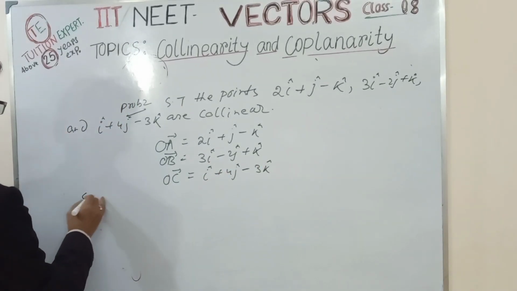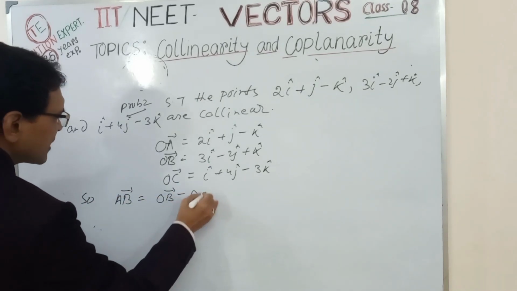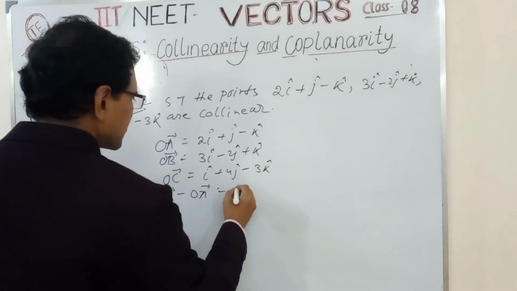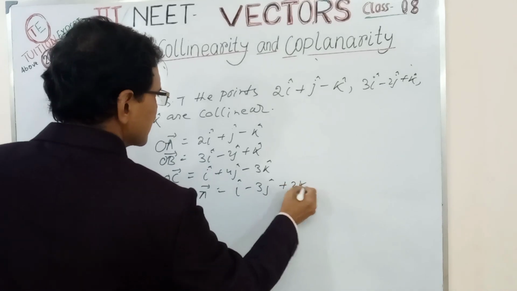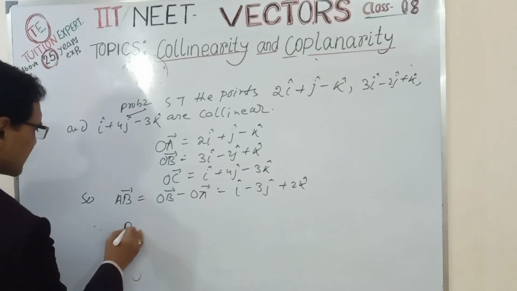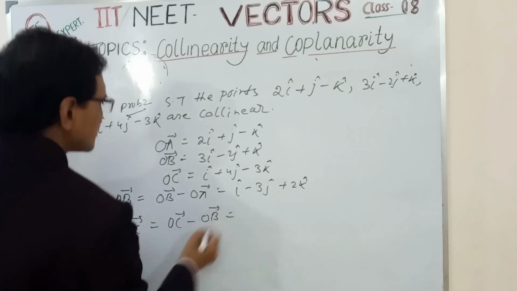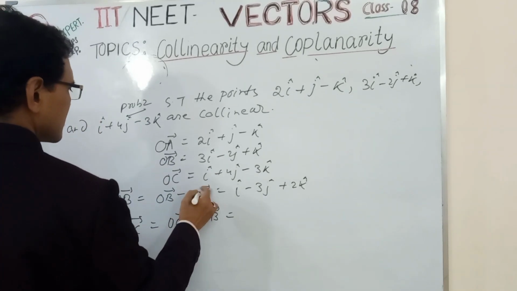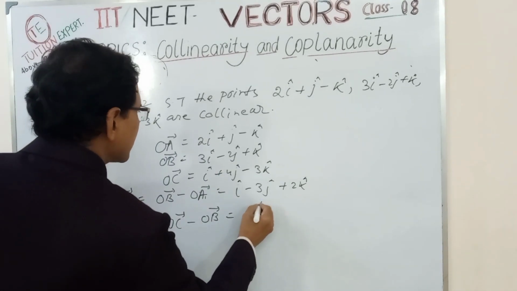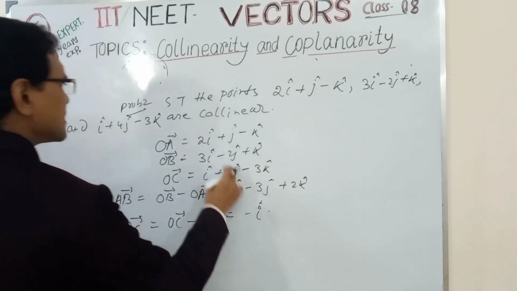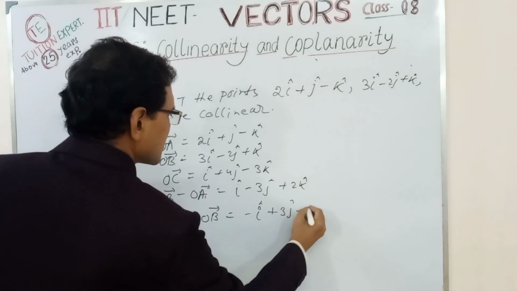So first we find the AB vector. AB vector means OB minus OA, this minus this. This is the AB vector, and BC vector equal to OC minus OB, this minus this: minus I, 4J, 3J, and minus 2K.